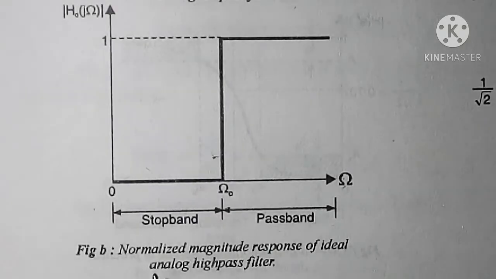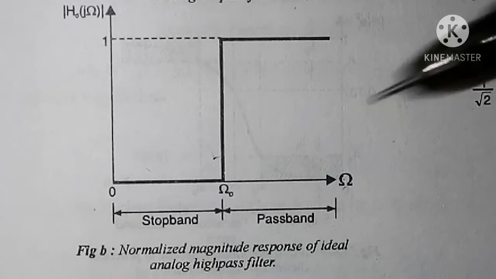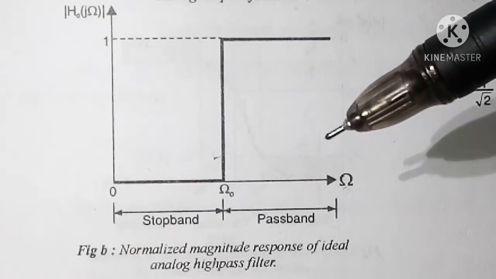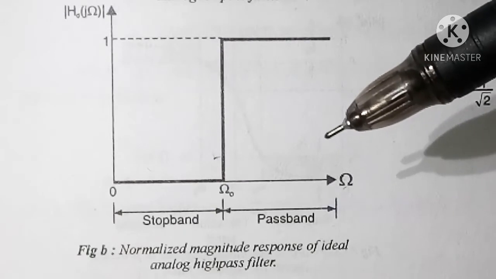Now we will consider the normalized magnitude response of ideal analog high pass filter. In case of high pass filter, the lower frequency components of input signal are cut off and the higher frequency components are allowed to pass through.